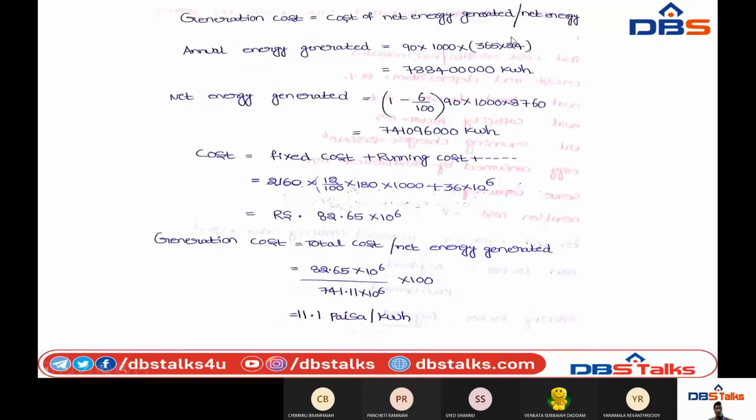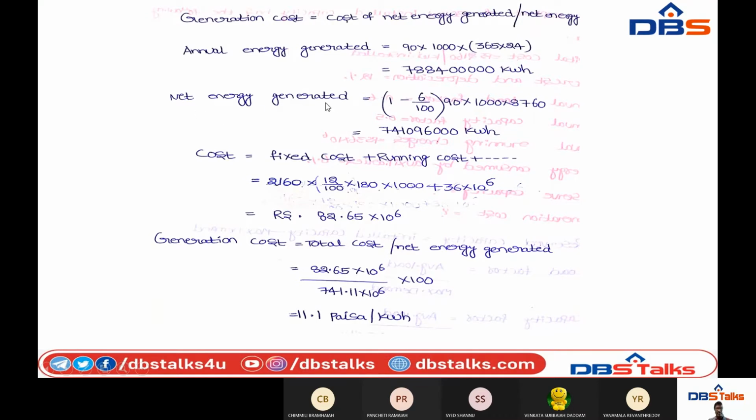Here in this equation, I am using the expression: annual energy generated equals average load into 365 days and 24 hours. I'm converting megawatts into kilowatts by multiplying with 1000. That equals 78 crores 84 lakhs kilowatt hour.